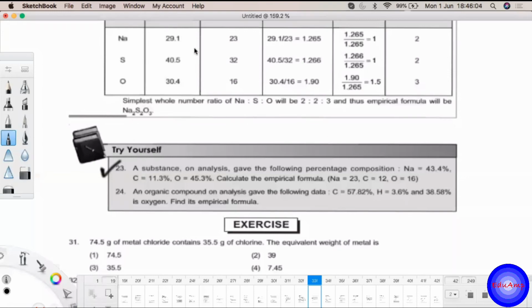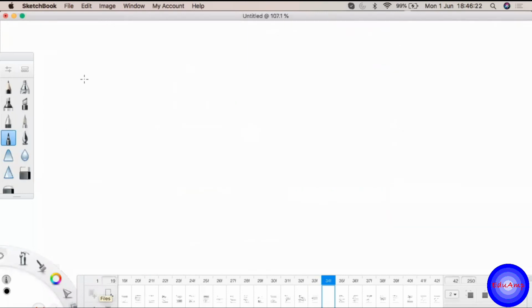Okay, I'll give you just a quick solution, then you can solve on your own. So first, elements. What are the elements? Sodium, carbon, and oxygen.